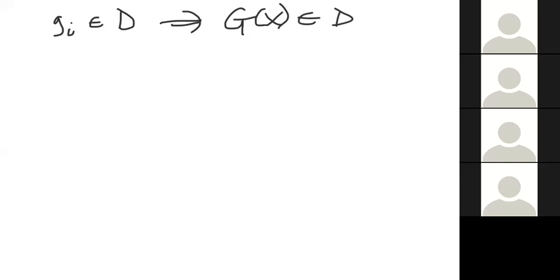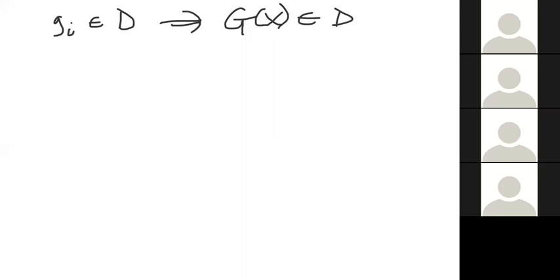So I just need to make sure that every gi that I have in there will be contained in D. Or in other words, if I take absolute values of those, then they will be bounded by some value which is less than 1.